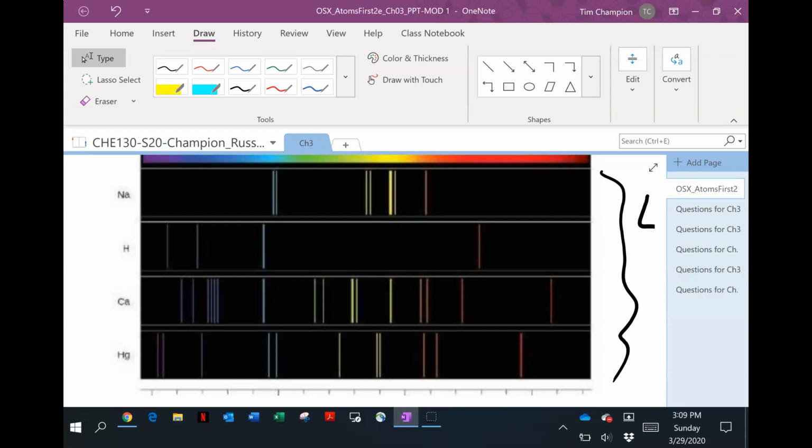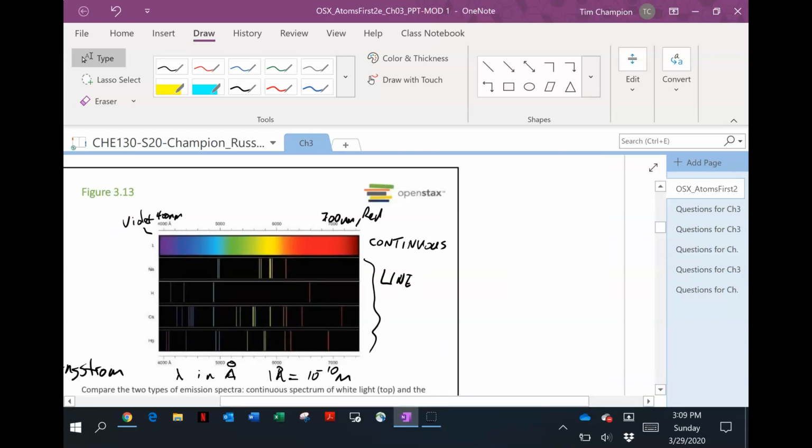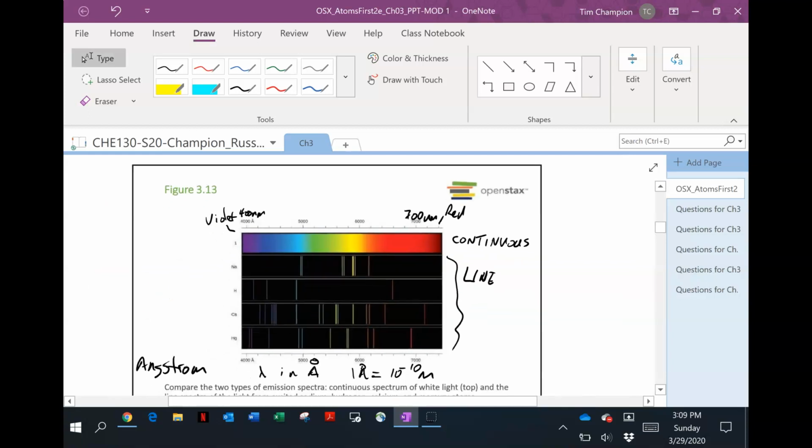You look at sodium and calcium and mercury there, they have other distinct patterns, and it may immediately spring to your mind that these spectra might be a way to identify these different atoms, and that's absolutely correct. These are used. Atomic absorption and atomic emission spectroscopy are common tools used to identify elements.